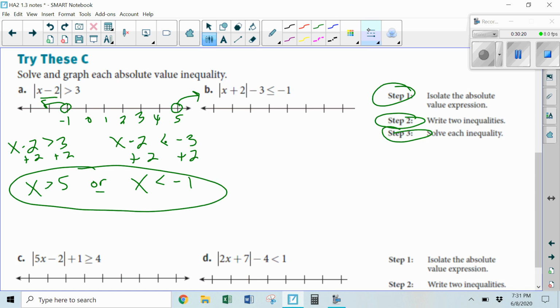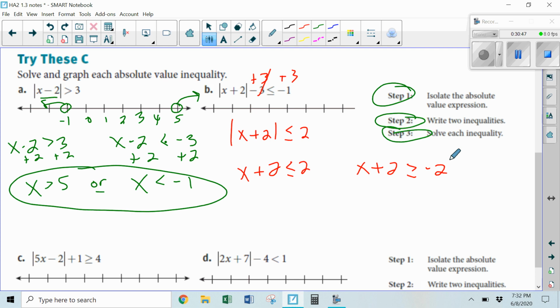Letter B. Isolate, so add 3. Now that this is isolated, this has a distance of 2 away from 0 or less. So it could be at 2 or less, or I could flip this sign and write -2.